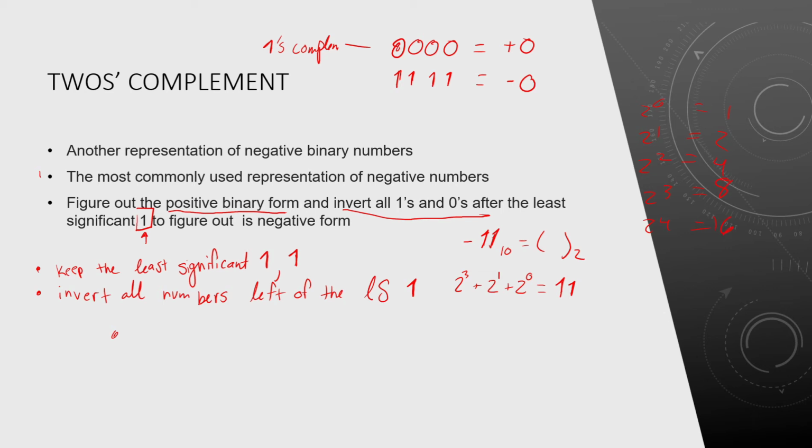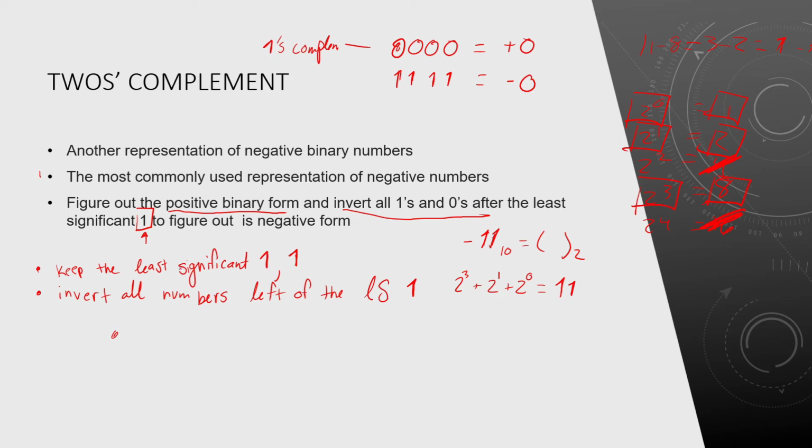I just want to figure out the highest number that goes into 11 without going over. 16 goes over, then we're left with 8. 11 minus 8 leaves us with 3. 4 goes over that 3. Then we have 2, and 3 minus 2 equals 1. And then this 1 minus 1. So we are left with 2 to the 0, 2 to the 1, and 2 to the 3.